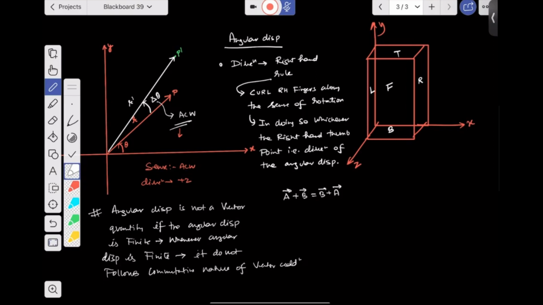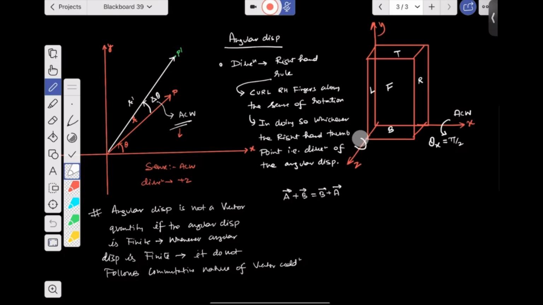We have seen that through one example also. So here I am going to provide two angular displacements. One time I will rotate this book by an angle theta x of pi by 2 in the anti-clockwise sense if I'm looking from the positive x side.